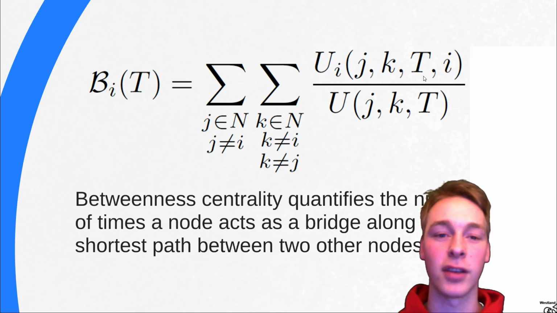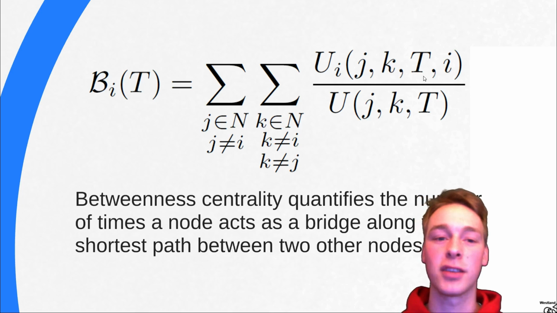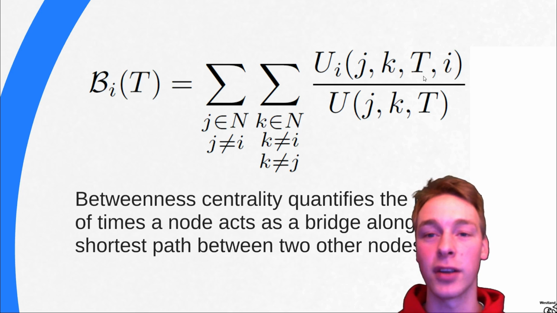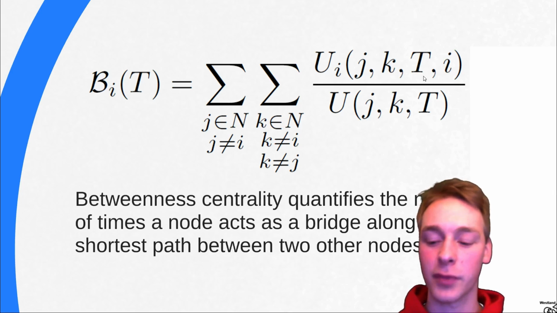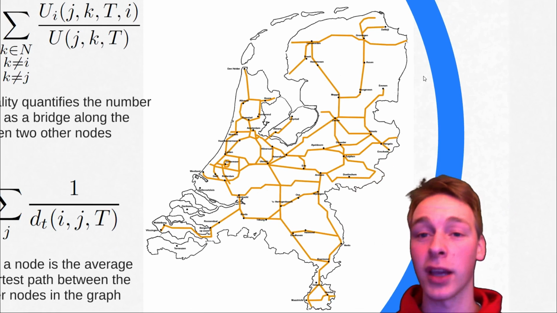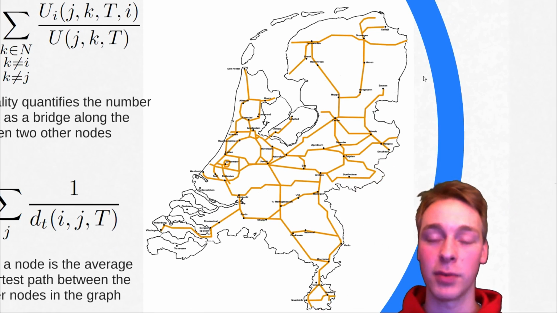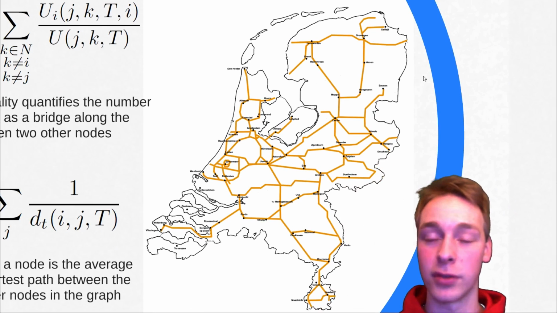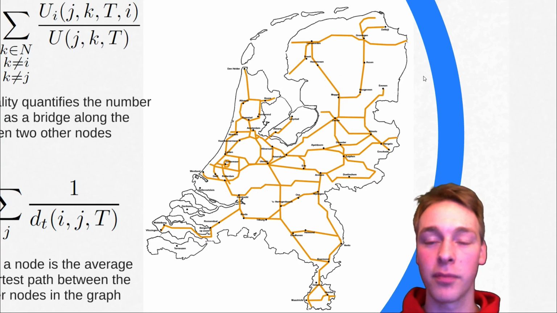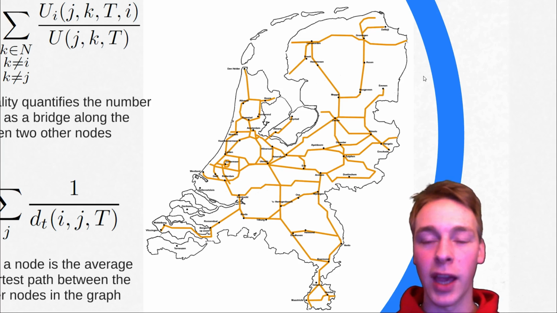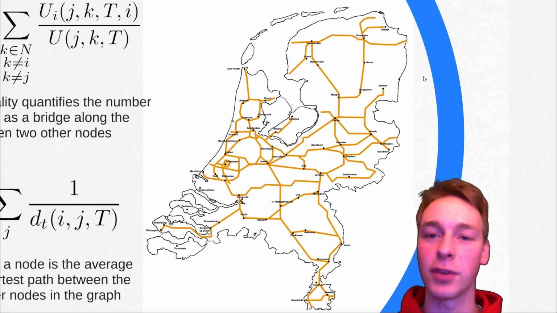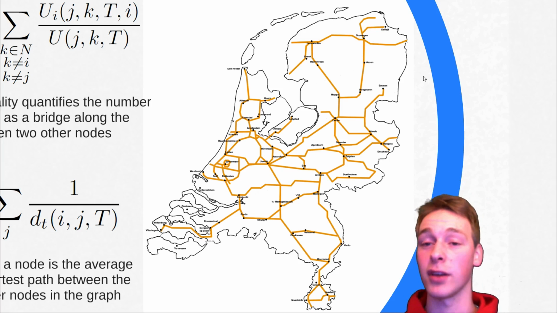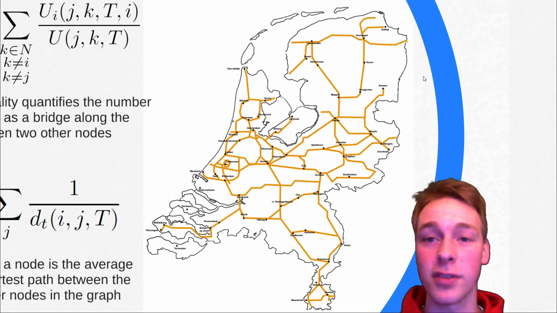It quantifies the number of times a node acts as a bridge along the shortest path between two other nodes, which translates to: when you take two random nodes in a graph, let's say the Dutch railway track, the possibility is high that you will travel through a certain station, then that betweenness is high. So when I take two random points of this graph, there is a pretty high chance that I will travel through Utrecht station if I take the shortest path between these two points.